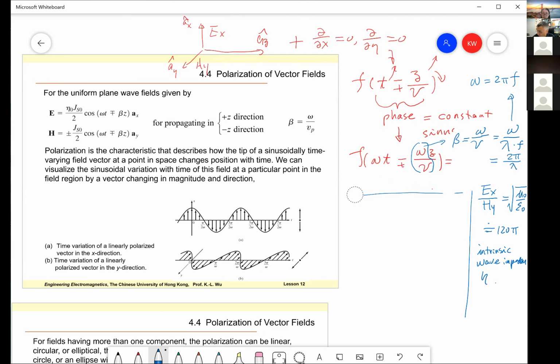If we express the electrical field with a constant and a cosine function, let me only consider the wave propagating in that direction. Then in this case, Hy will be E0 divided by the intrinsic wave impedance, right?